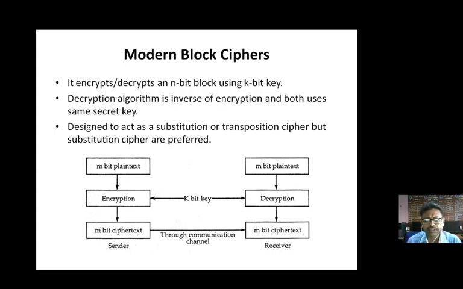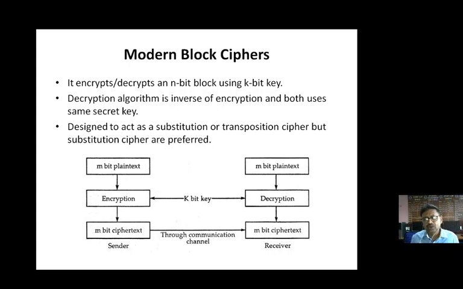Of course, the encryption process and the decryption process are counterparts of each other, and both use a secret key of k-bit. When we have m-bit plain text and encrypt with the k-bit key, we get ciphertext that is also m-bit. It means the plain text and the ciphertext are of the same size.